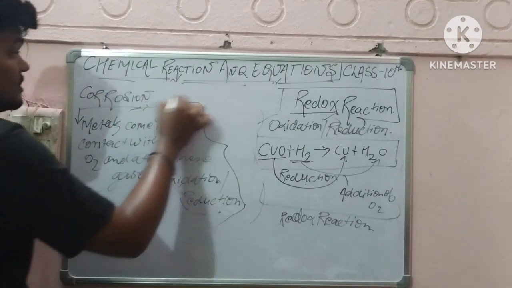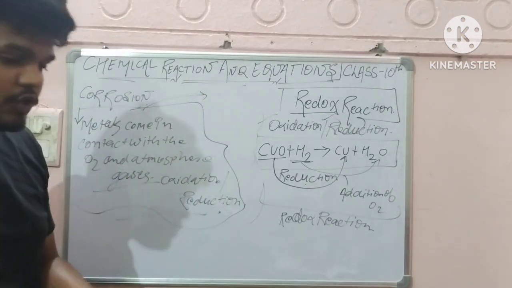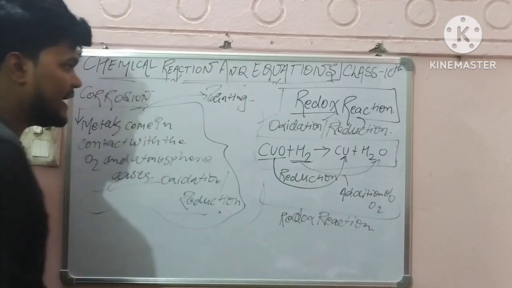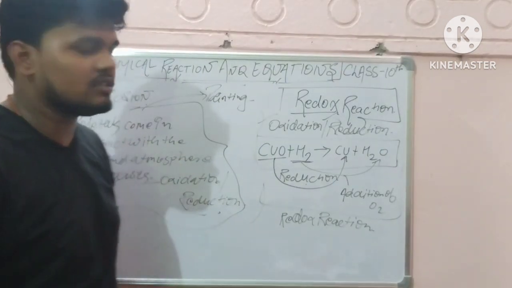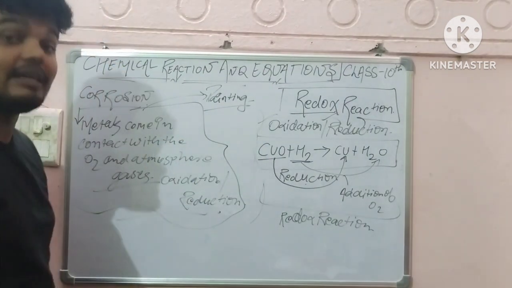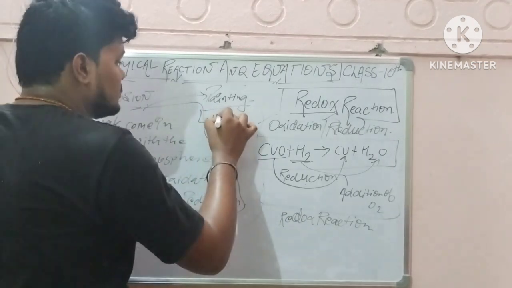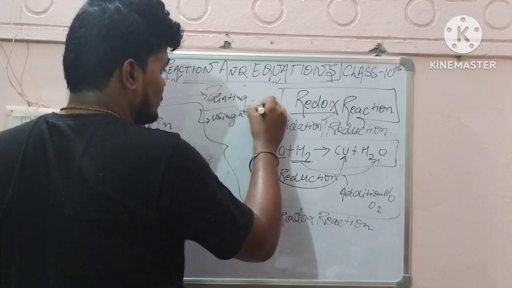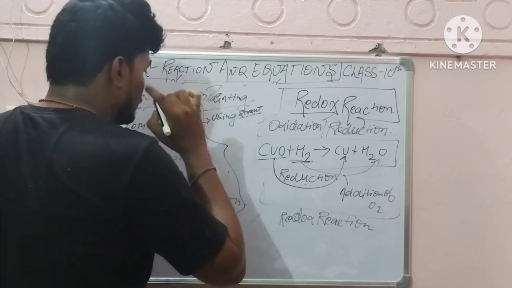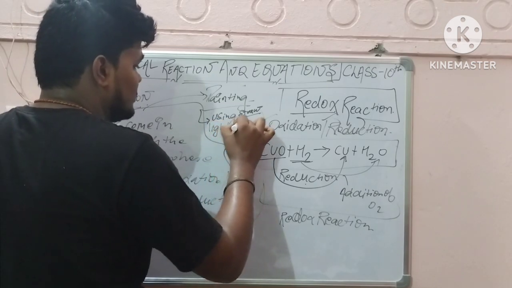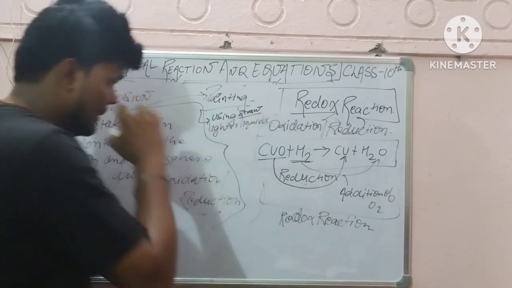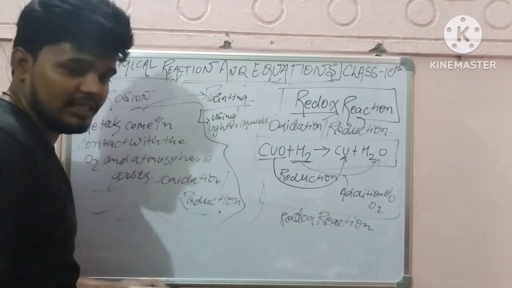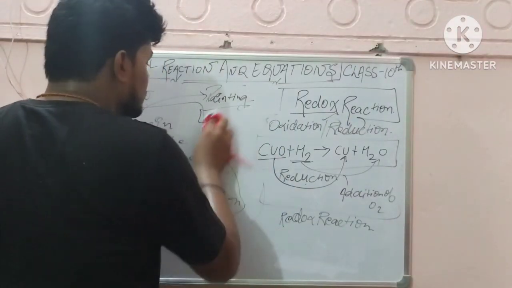This is why the process of corrosion happens. There are some ways you can prevent corrosion. First one, by painting. If you paint any element, if you paint the metals, then you can prevent corrosion. Second, by using straw, light liquids or polishing liquids.